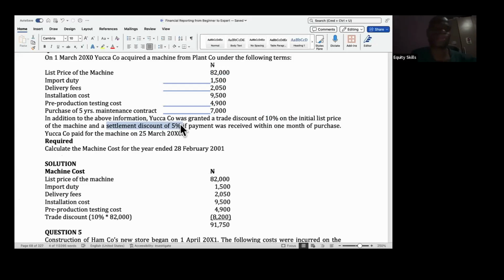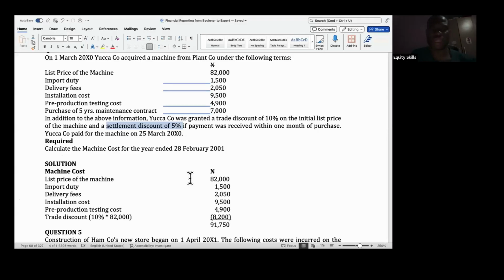We will not treat it at all. You are going to ignore it. Sometimes they can call it early settlement discount or cash discount. Whatever name they call it, ignore it. Settlement discount will be ignored.